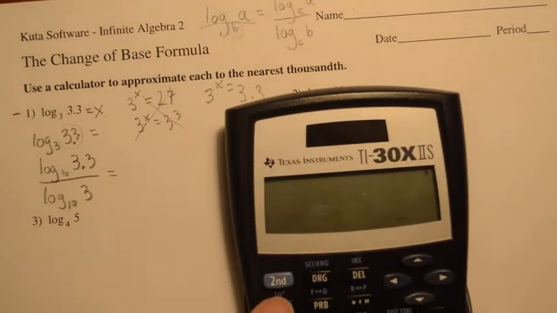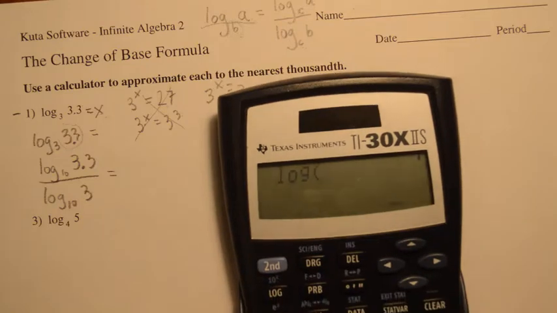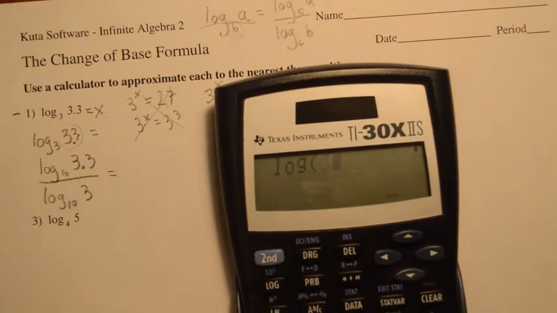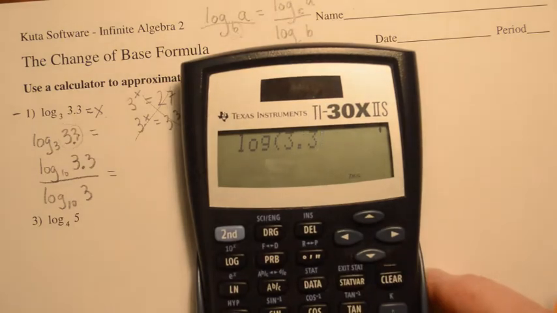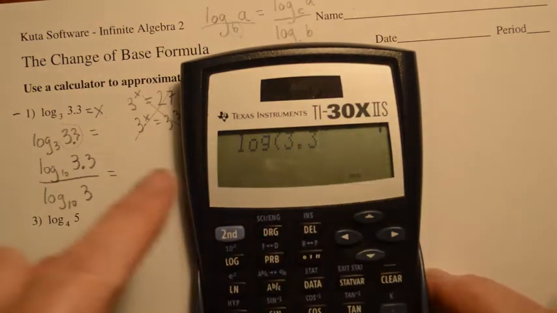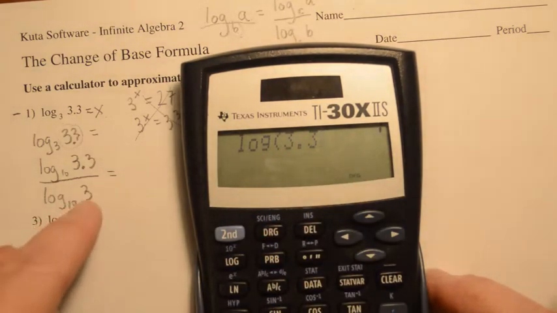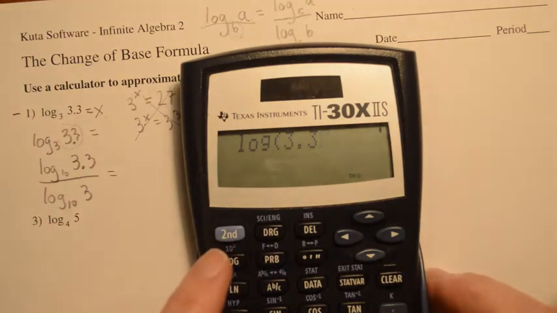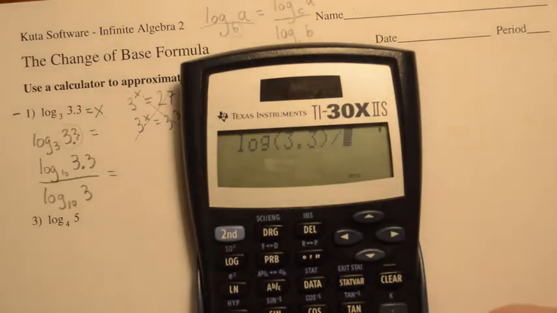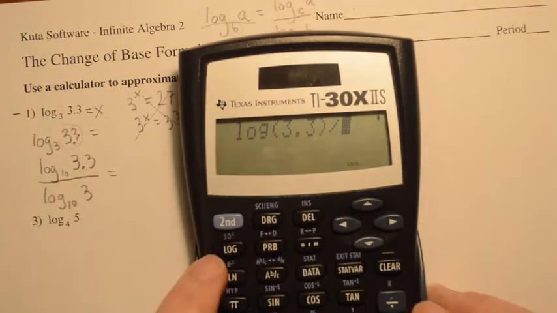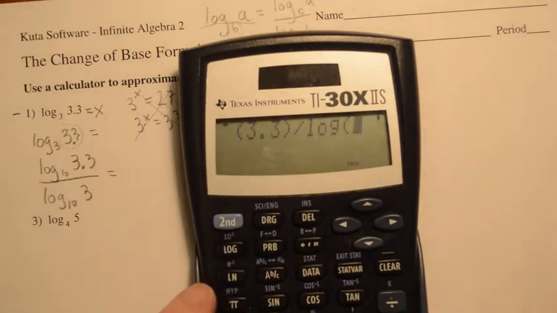And when I do that on my calculator, you're going to press the log, because again, that's log base 10, and you're going to enter 3.3. Please do not forget to close your parentheses here, because otherwise it's going to divide by whatever log base 10 of 3 is. You don't want it to do that. You want it to close it off and then hit divide, and then we would get divided by log of 3.